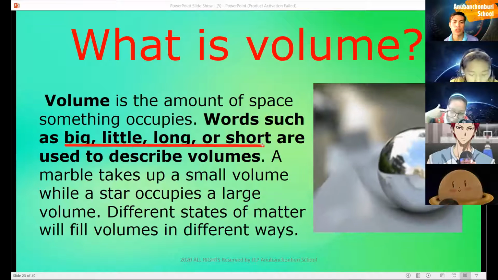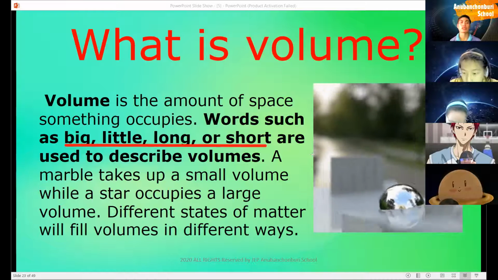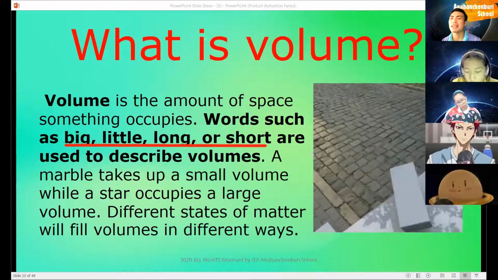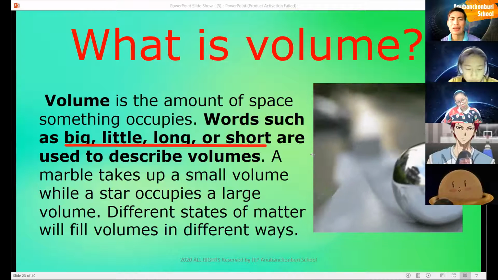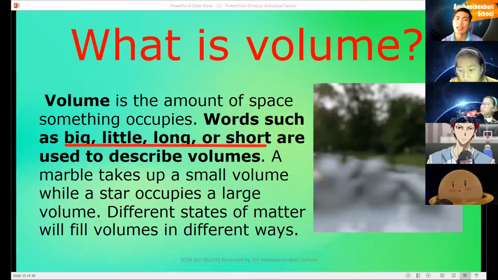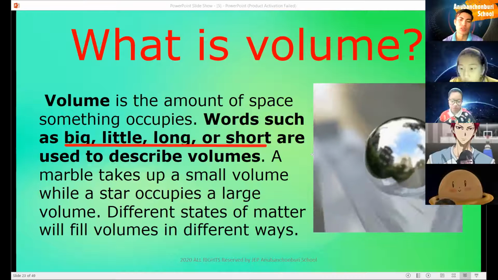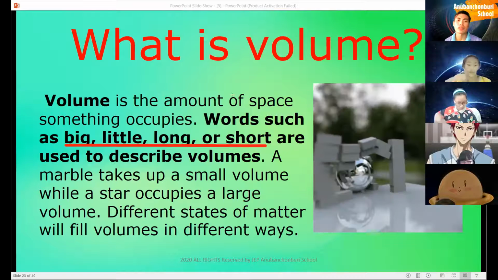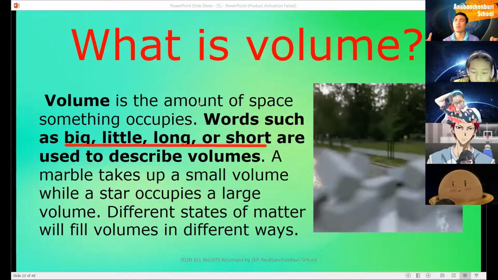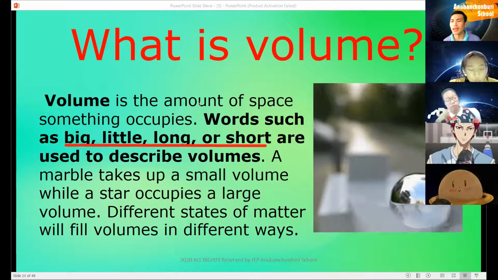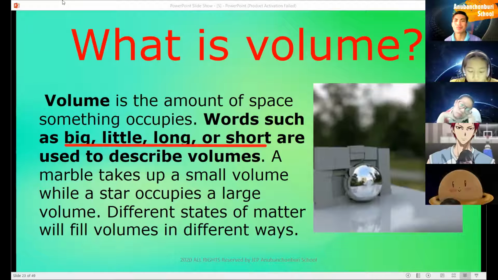So these words are used to describe volumes. Like I saw a very big cat. That big describes the volume of an object. Little, long, or short. That is the volume of an object, how big it is. For example, Teacher Edward has a very big face. So yeah, that is the volume.